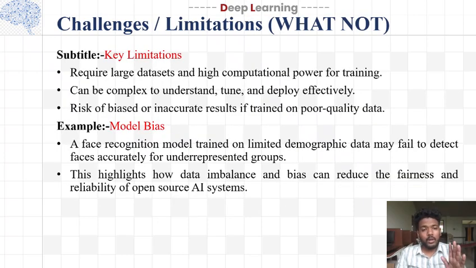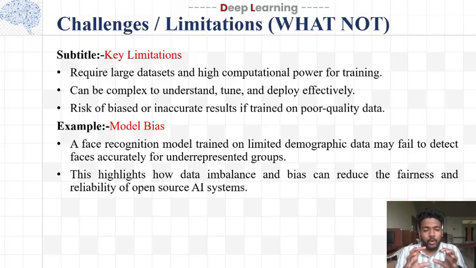What challenges do we have to face while doing this? The first challenge is that we have large data sets and very high computation, and the data sets are not all in a supervised manner, some are unsupervised. So it can be complex to understand, tune and deploy effectively.